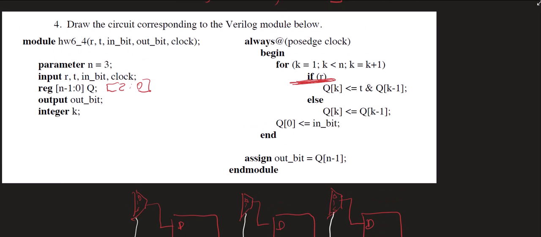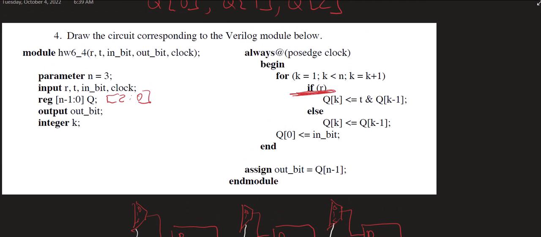Now we're going to look at this for loop, and it's going to tell us how many times we're going to do something. It says k equals 1, k less than n. So we're going to start with k equals 1, and then we count up, k equals 2. N was 3.